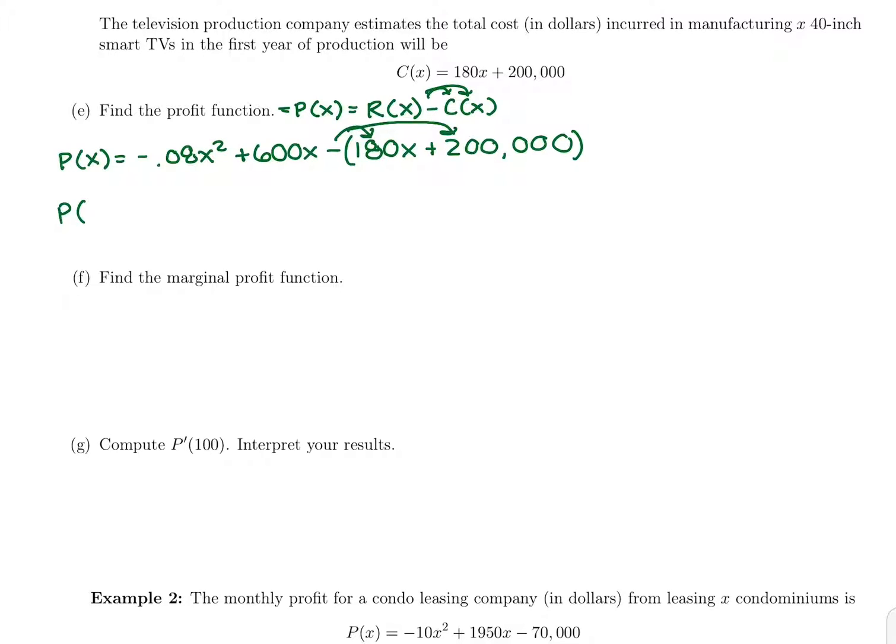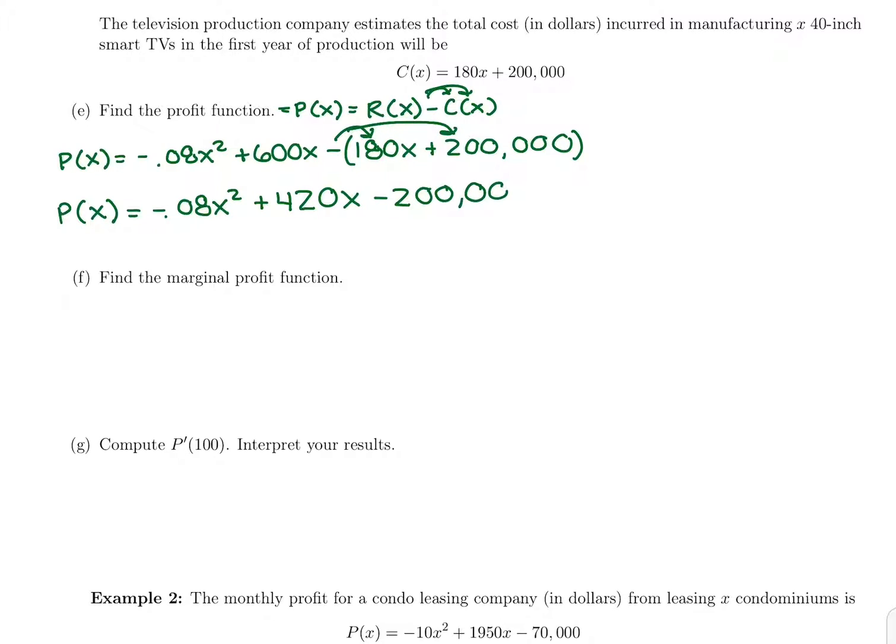So our profit for the x squared term, we just have negative 0.08x squared. For our x term, we have 600x minus 180x. So 600 minus 180 is going to give us 420x. And then is it plus 200,000 or is it minus 200,000? We're distributing, so it's minus 200,000.